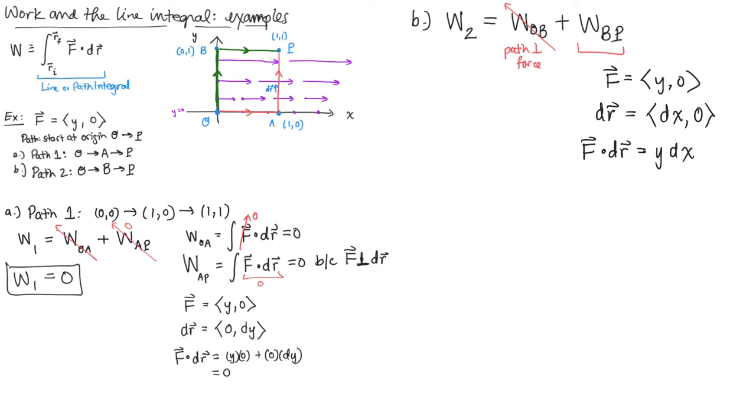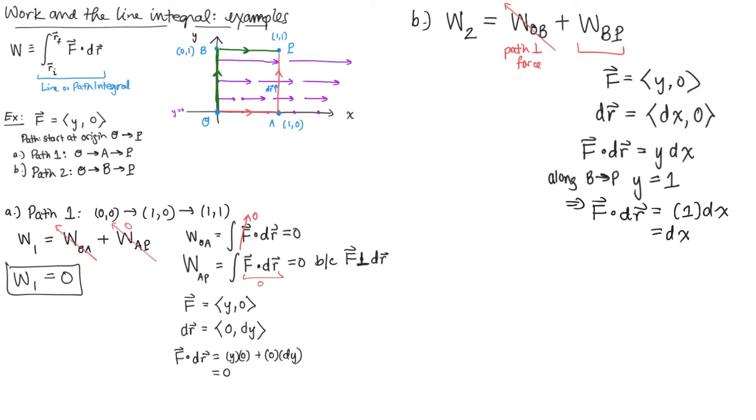But specifically along this path, the path B to P, we have y equals 1, don't we? Because we're up at a coordinate of 1. So that tells us that F dot dr is equal to 1 times dx, or just dx.